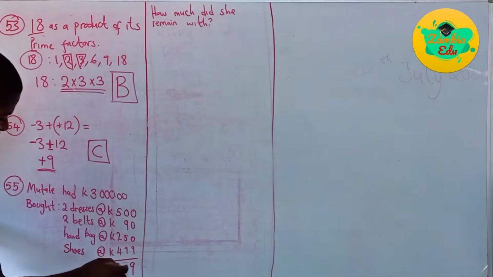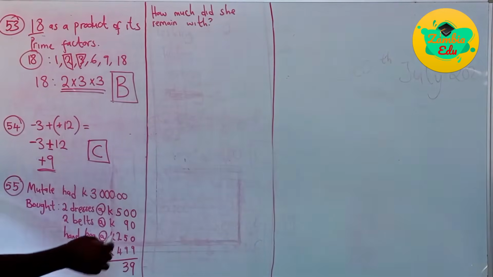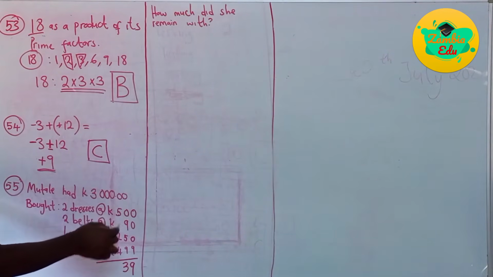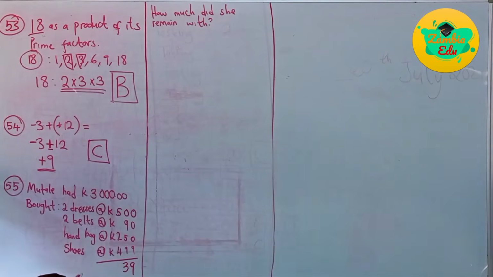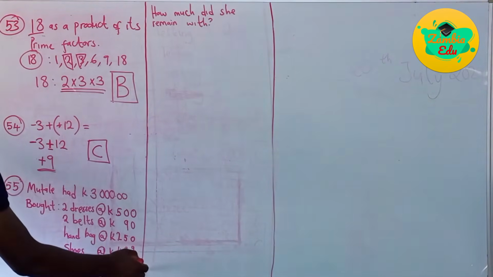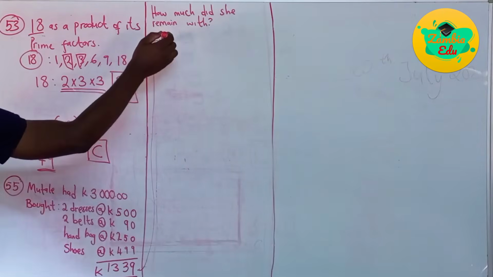So you write your 3, carry 2. Then you add 5 plus 2, 7, plus 4, 11. 11 plus 2 is 13. So you put your 13 there. So the total expenditure was 1,339.